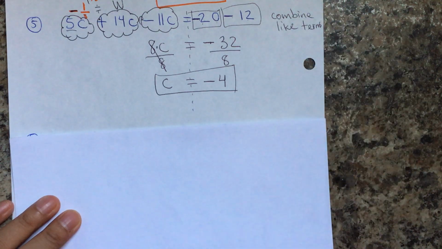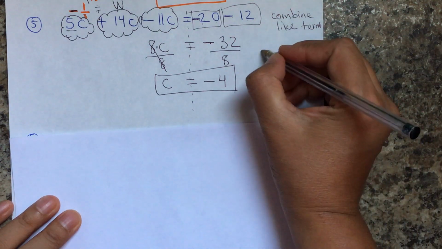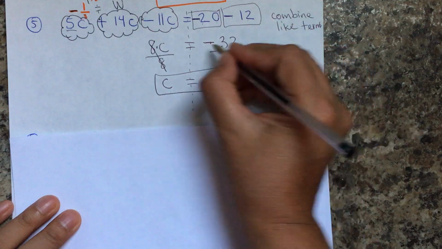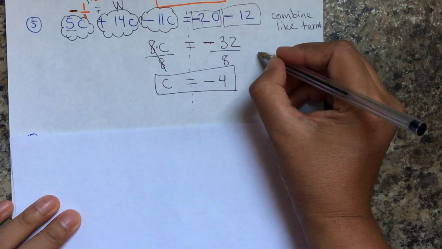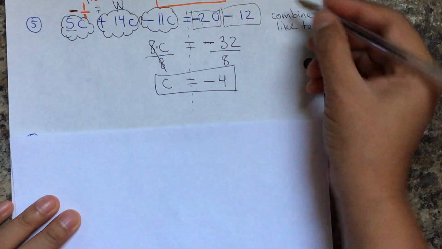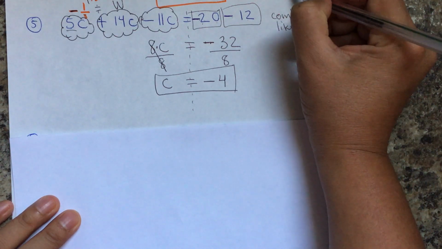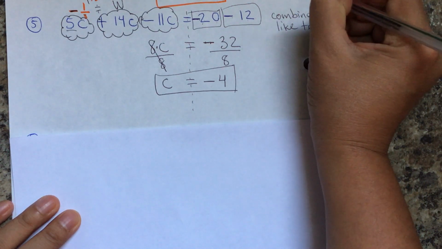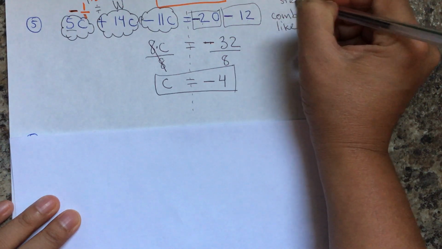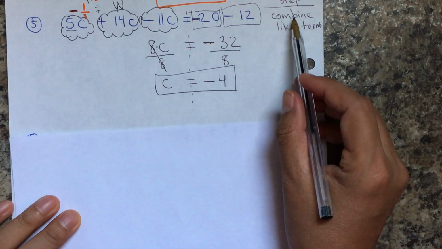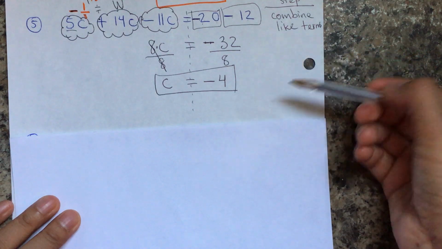What I want you to do is just say what you're doing without even having to write it, unless they ask you to justify each step. This means justify each step. Justifica cada paso. So vas a estar explicando cada paso.